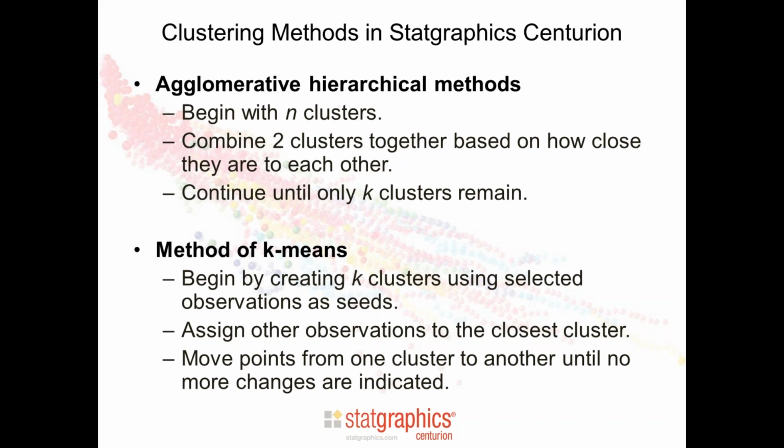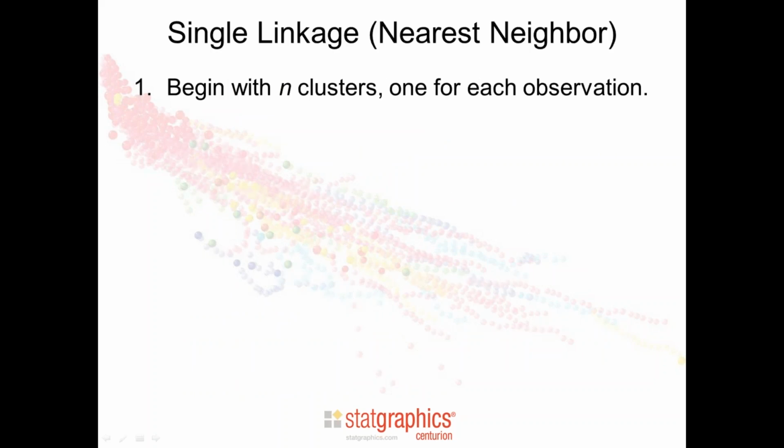Okay? Now, let's start with the agglomerative method. The agglomerative method has a number of different choices. One choice, the default choice, is what's called the single linkage method, or the nearest neighbor method.